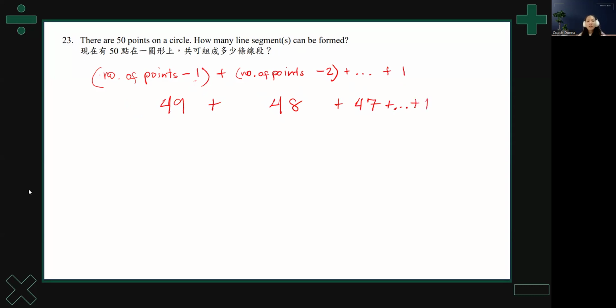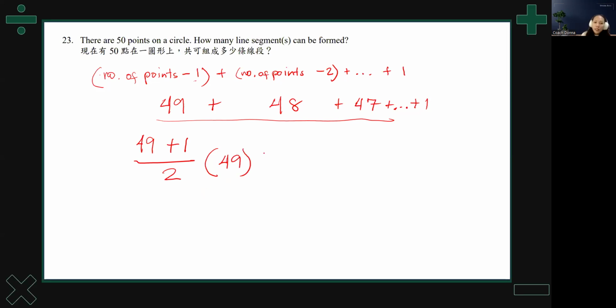So to add this, this is an arithmetic sequence again. So last term plus first term, 49 plus 1, divided by 2, and the number of terms is 49. That is equal to 50 divided by 2, so that will end up with 25, and then we're left with 49 here. 25 times 49 is 1,225.